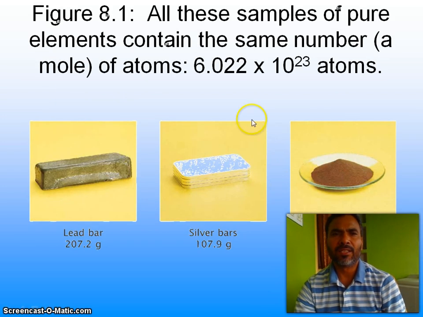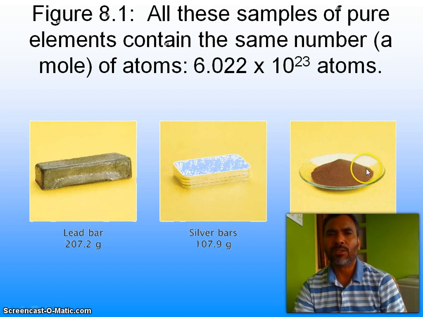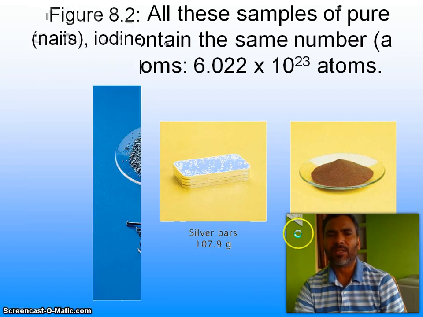Just remember it. All these samples of pure elements contain the same number of atoms, a mole of atoms. Here also 6.022 times 10 to the power 23. Lead bar, silver bar, also 6.022 times 10 to the power 23 atoms, even though here it is 207.2 grams, silver 107.9 grams, and here 63.55 grams, a pile of copper.